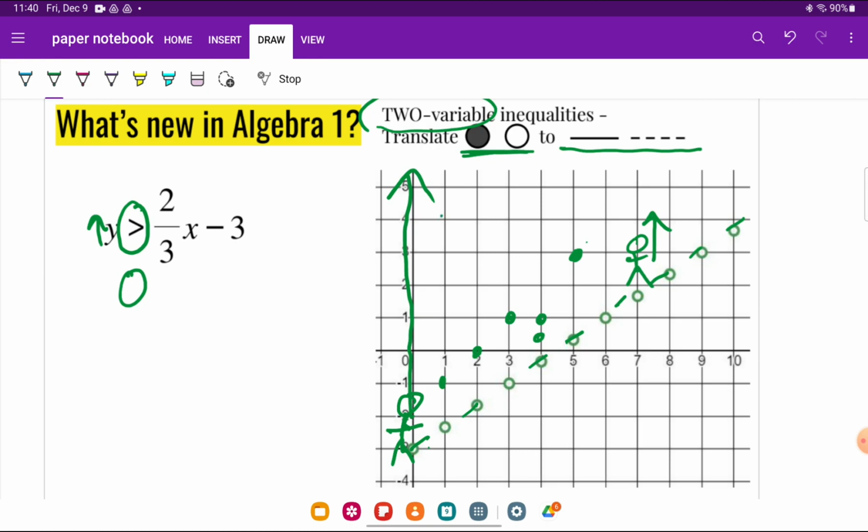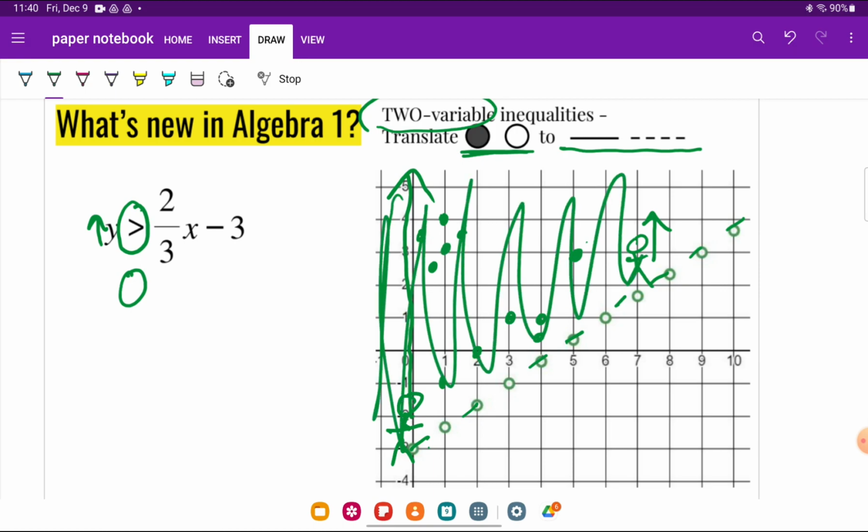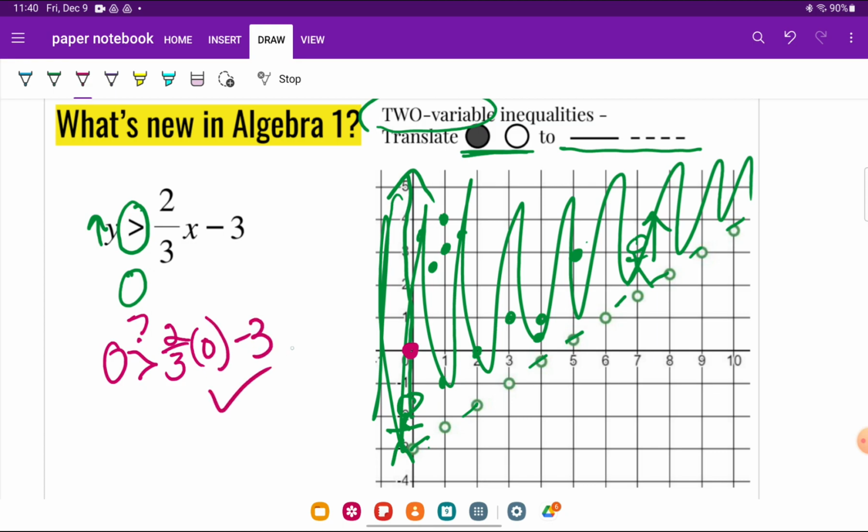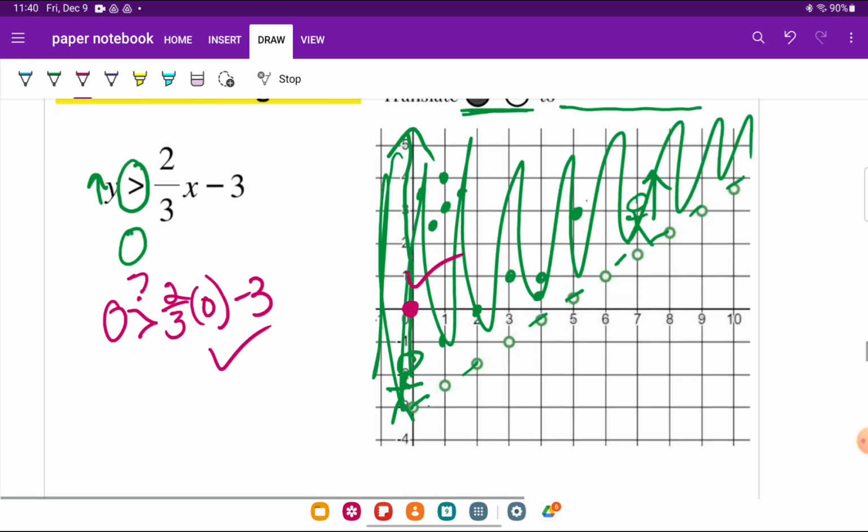Again, instead of trying to plot them all, which would be impossible, we shade. I can check. Pick 0, 0 when we can. 0, is that greater than 2/3 of 0 minus 3? You bet. This is correct. We know we shaded the right area.